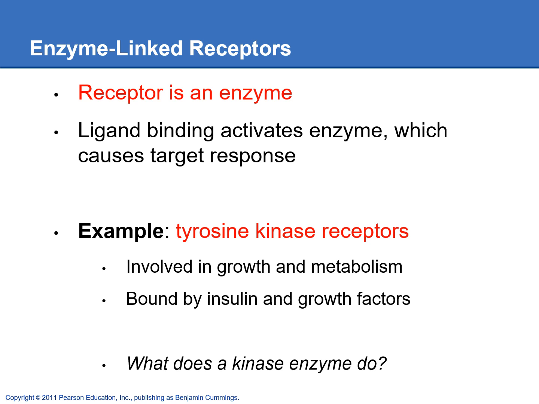So these will be bound, for example, by messengers like insulin and growth factors. And notice that we've got, in our name of our enzyme, we've got kinase. Remember we learned before that kinase enzymes, they phosphorylate things. So they're going to add phosphate groups.